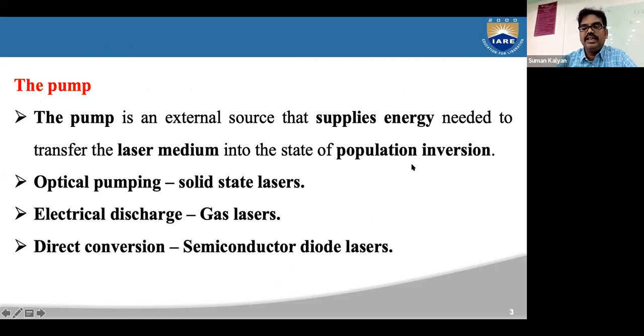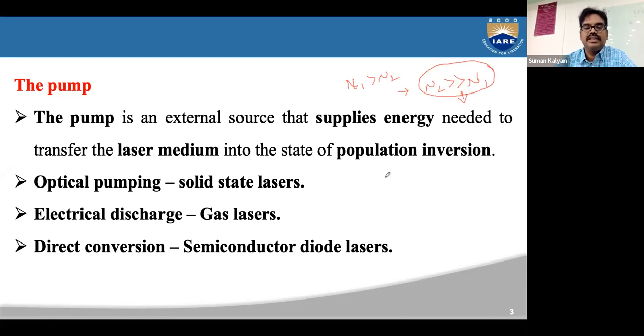We know that in normal conditions N1 is always greater than N2, but what we require is N2 much greater than N1. To achieve this population inversion, we need to supply energy continuously to the laser medium, and this can be done by pumping.